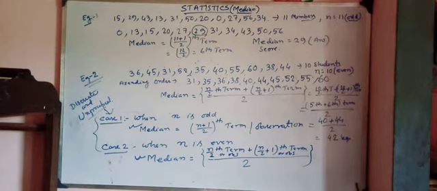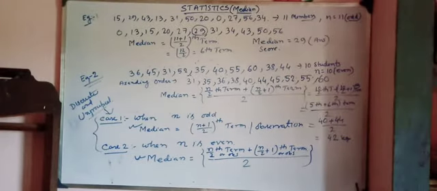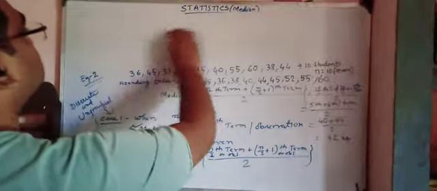So next I will come to another topic of measure of central tendency in statistics. That topic is known as mode. Mode of ungrouped data. So this is median, next we are going to mode.